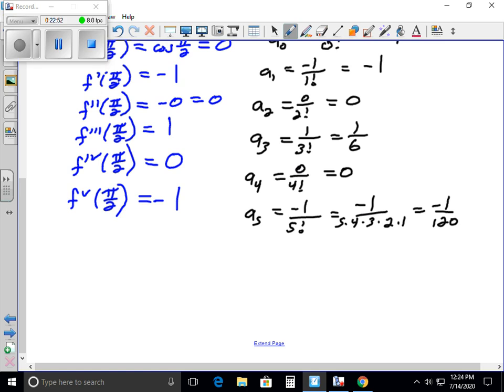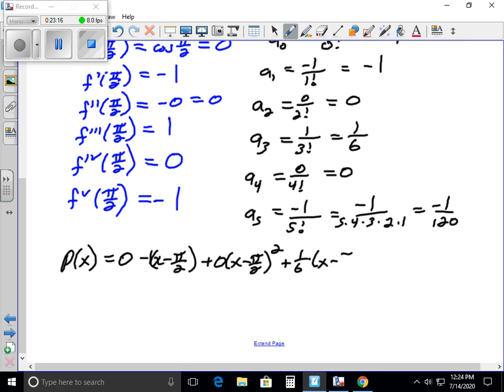So our fifth degree Taylor polynomial would be a sub 0 plus a sub 1 times x minus c plus a sub 2 times x minus c squared plus a sub 3 times x minus c cubed, a sub 4 to the fourth, and then a sub 5 to the fifth.